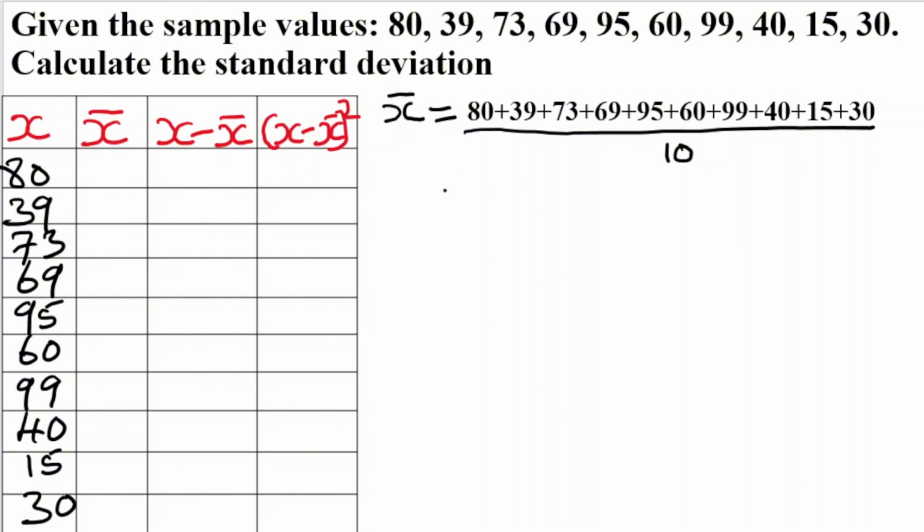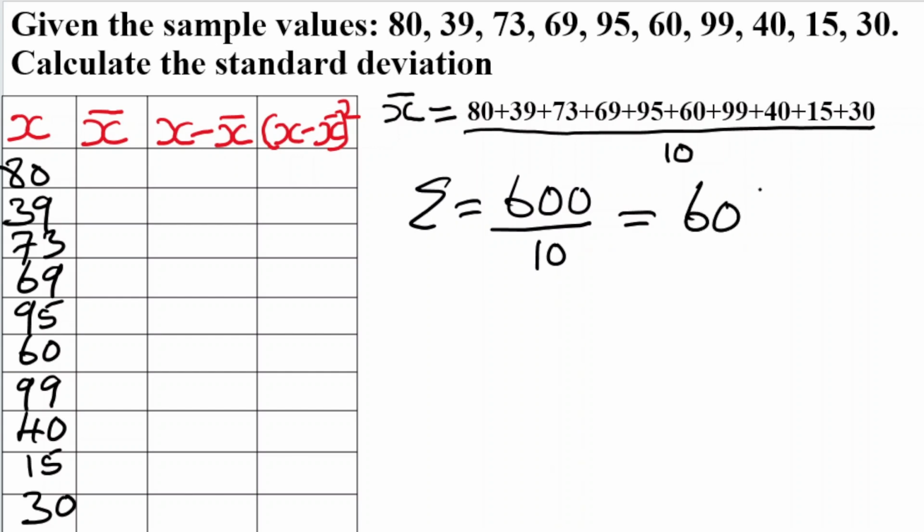This gives us a total of 600, divided by 10. So our mean is 60. Let's plug in our mean, 60, for each.